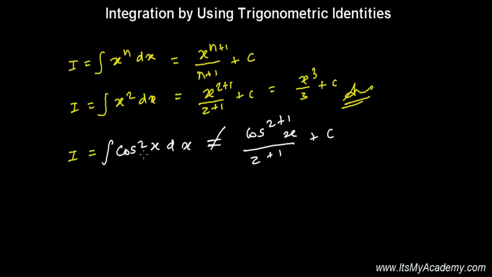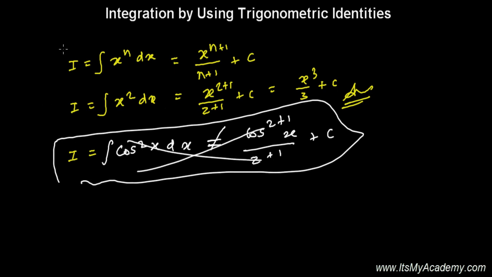So for this type of problem, as we cannot use the power rule of integration, we have to use trigonometric identities. And how to use the trigonometric identities, that comes next. We have learned 6 standard direct formulas of integration.